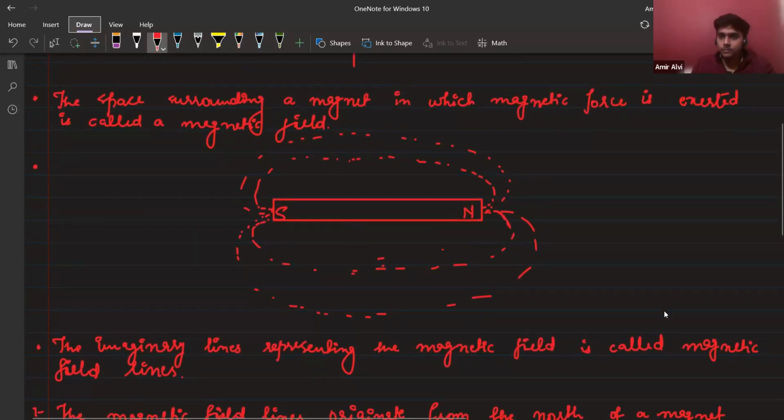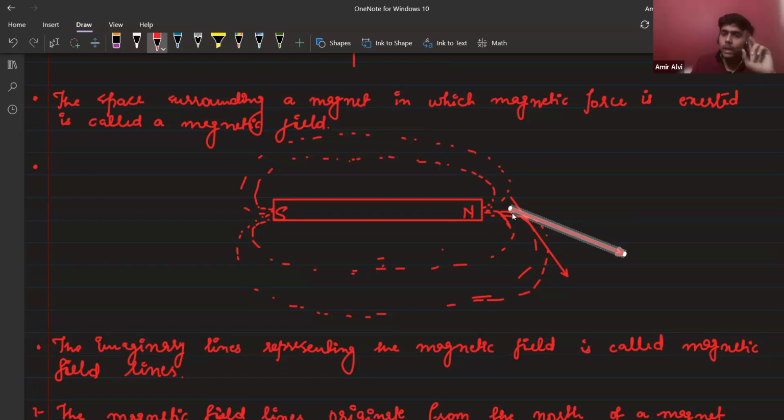Yes, sir. The tangent gives you the direction of the magnetic field line. Suppose I put one tangent here. If magnetic field lines intersected, at the same point I would also put one more tangent. Is it possible to get two directions of the same magnetic field at a single time? No, obviously not.